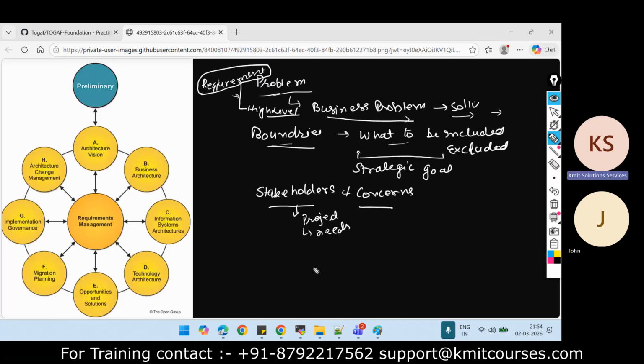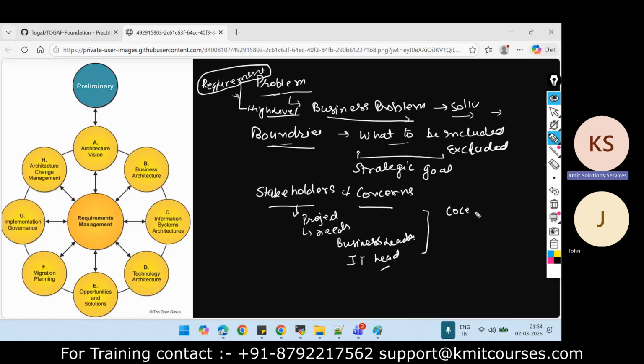Needs means what their actual requirement is. Whether a stakeholder is related to the business, a business leader, or the IT head, or maybe others, maybe end users also. Then needs is one thing, and concern.